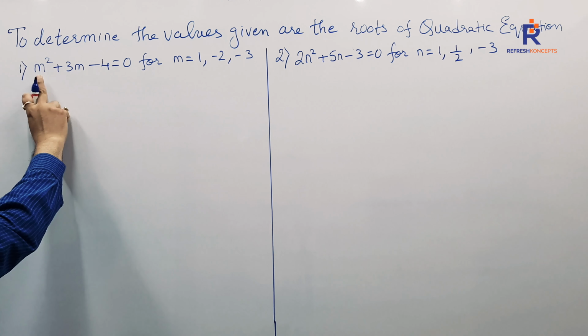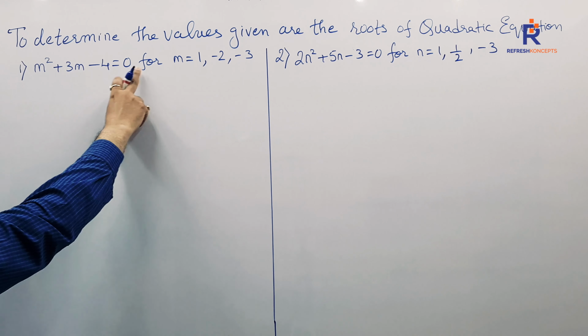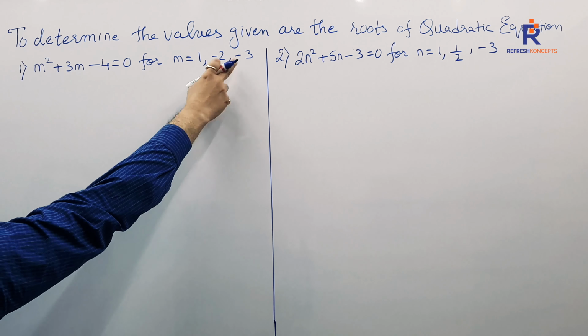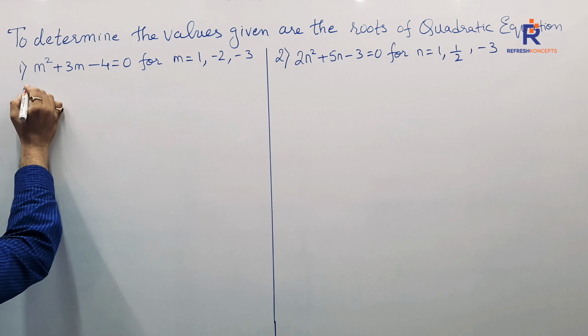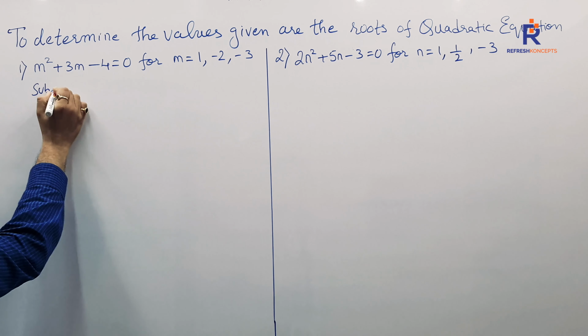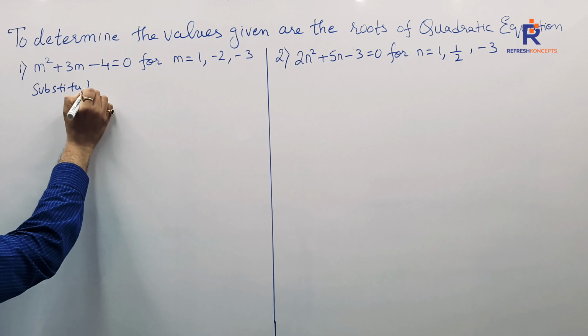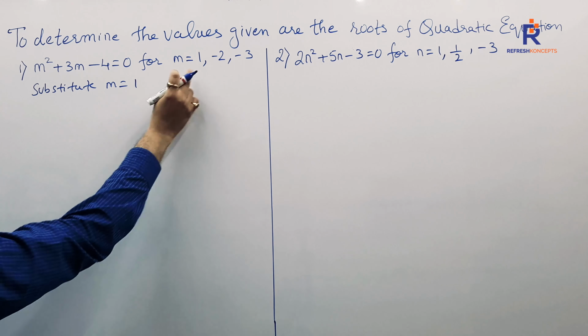So given quadratic equation is m square plus 3m minus 4 equals to 0 for m equals to 1, minus 2 and minus 3. 1 by 1 is what we need to substitute. So in the very first case, substitute m equals to 1.